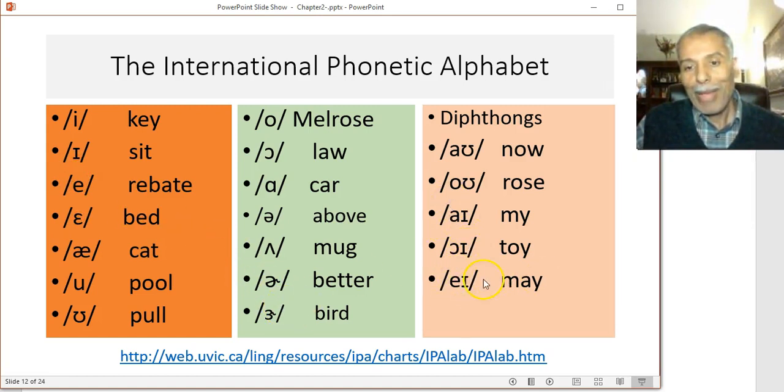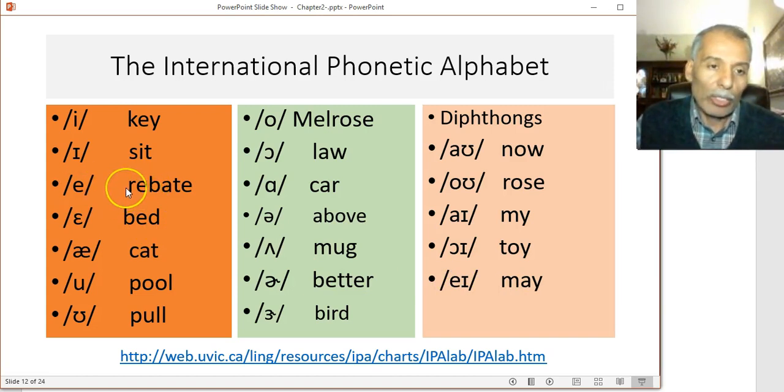This one, as in may. When you say may, you exaggerate and you use E-I, E-A. That means it's a diphthong, 2 blended vowels. But if you shorten that A, you are going to get this sound. So here you say rebate.